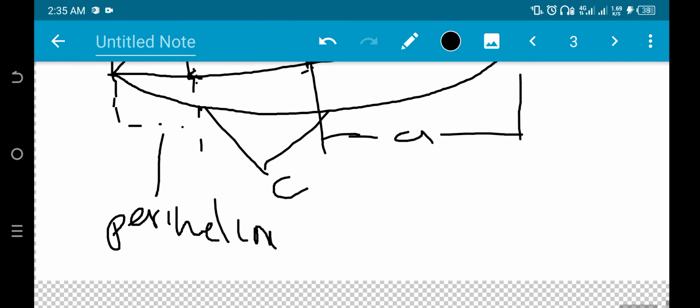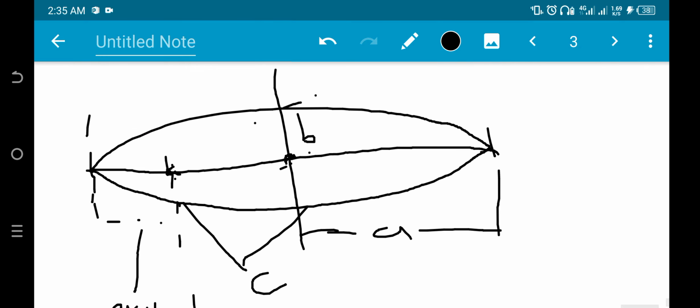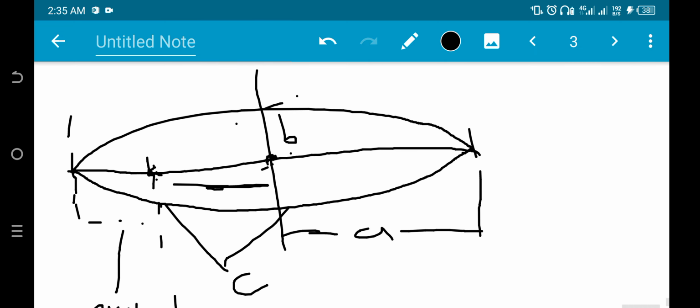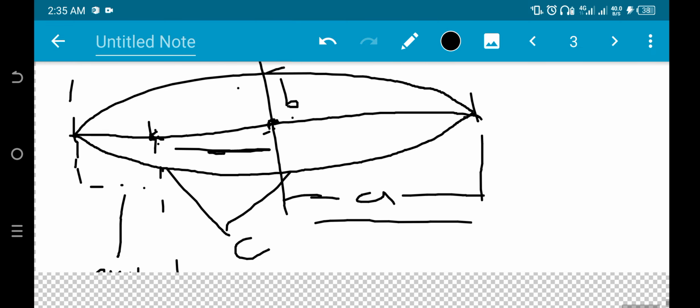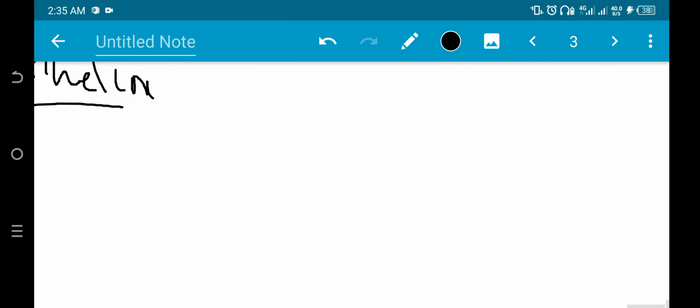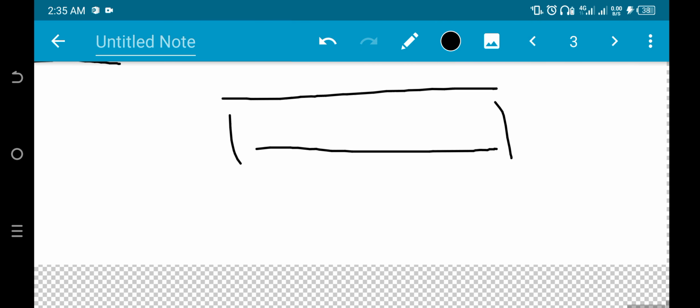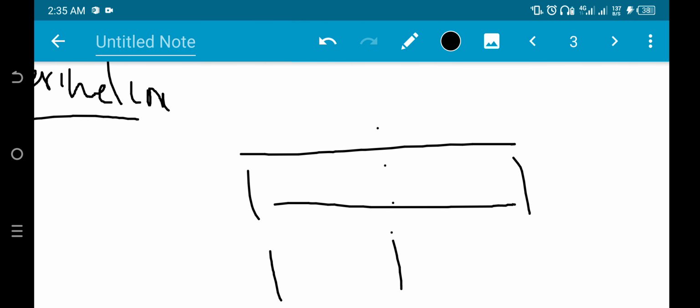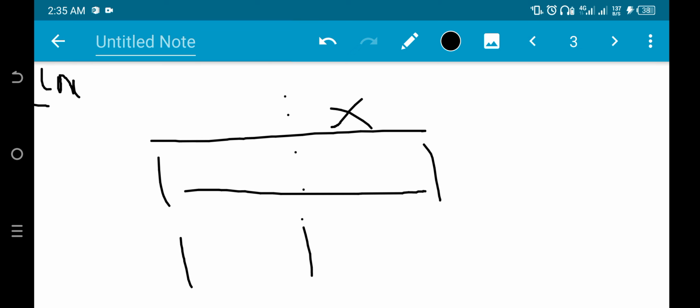Now, how do we find the C part if we are given the perihelion and the aphelion? Let's say you have a straight line and someone gives you the distance from here to here, and also the distance from here to this part, then tells you to find the distance x.